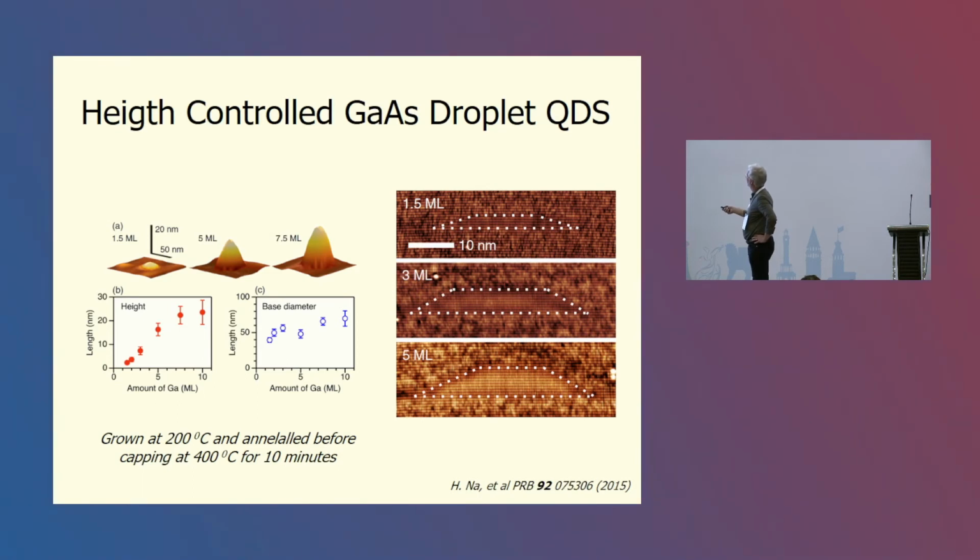And there is a base length which is more or less constant, but the height can be varied very nicely with the amount of gallium that is used. By the way, different from before, there was an annealing step after the dot formation process, and that actually gives rise to the shape that we see here.